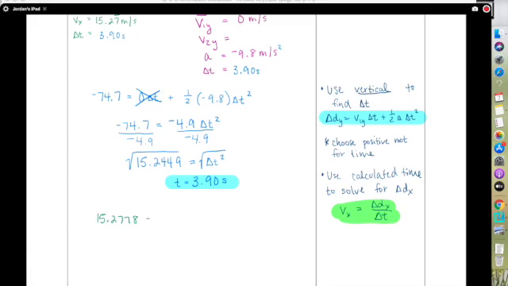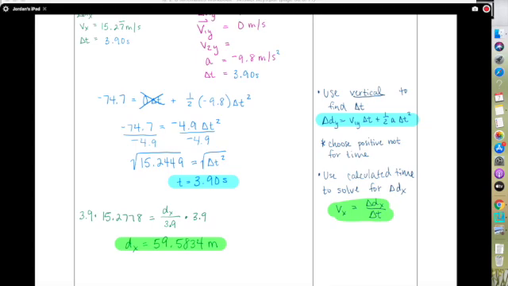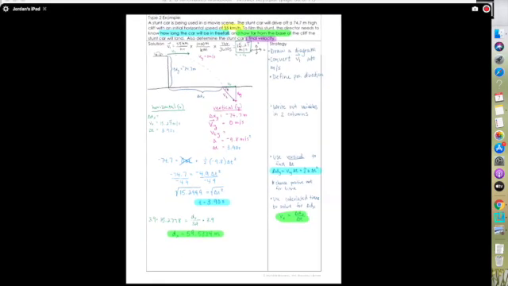It equals our dx, which we don't know yet, divided by our time, 3.90. So we're going to multiply both sides by 3.9, and we'll get that d of x equals 59.5834 meters.